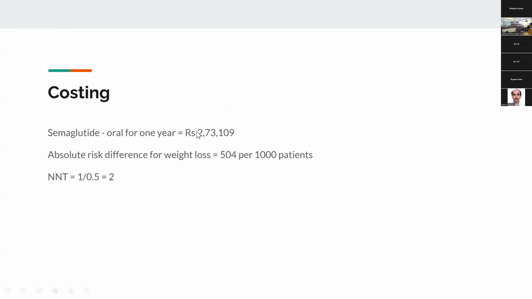So I just did a rough costing. Oral semaglutide for 1 year comes to 2,73,000 in our pharmacy. The NNT is actually very low, it's 2. But would I spend 2,73,000 for an obese patient for this benefit?